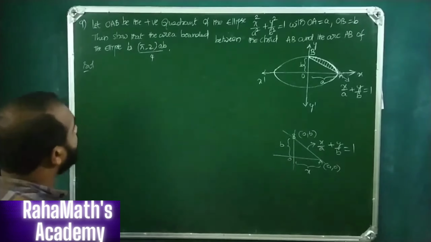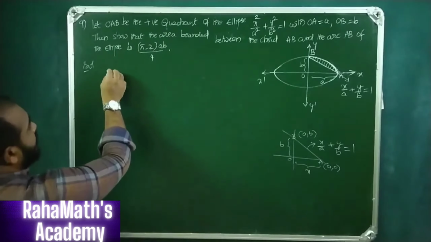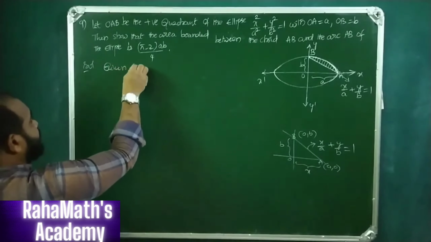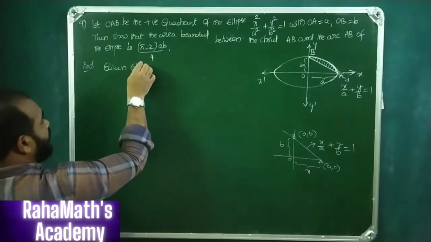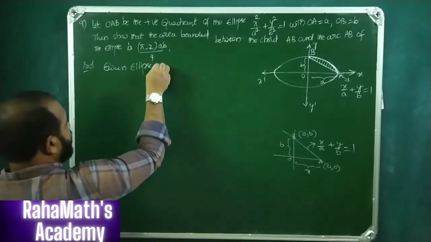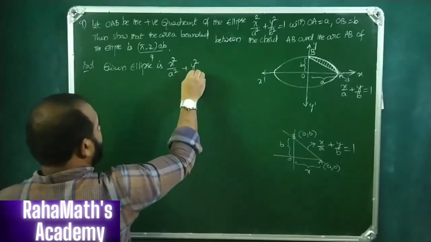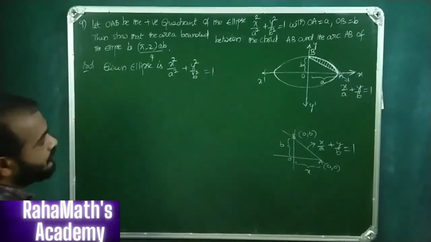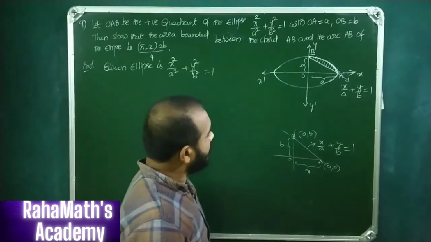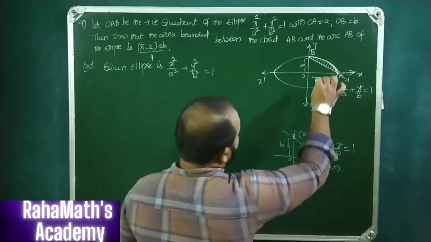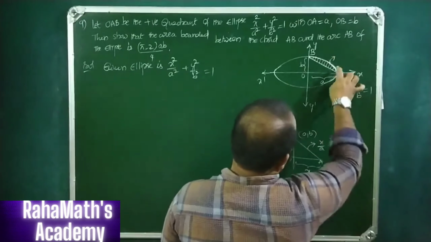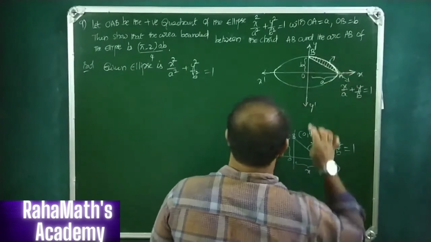So therefore, the given ellipse is x square by a square plus y square by b square equals 1. Here, I want the area of the region bounded by this arc and this chord.